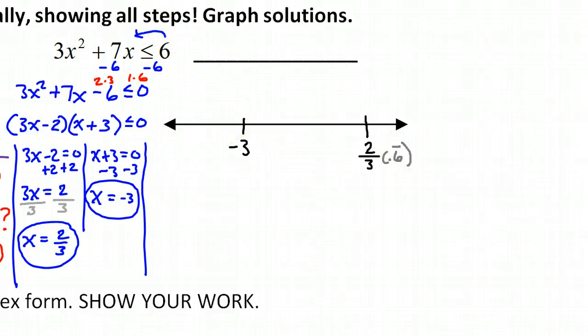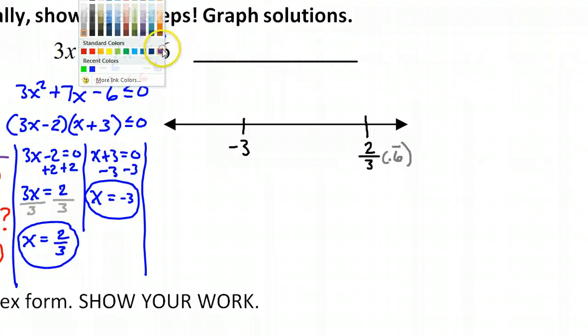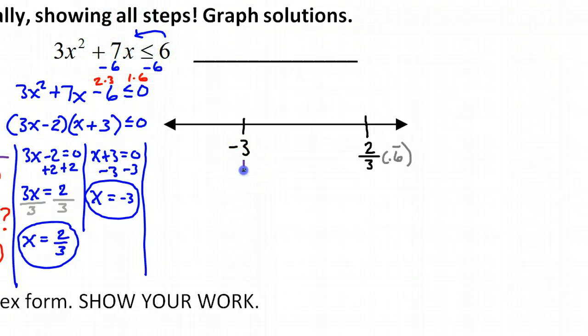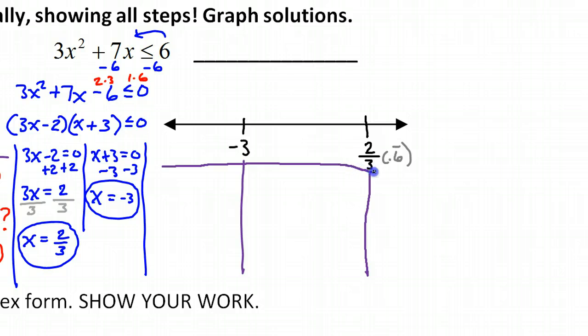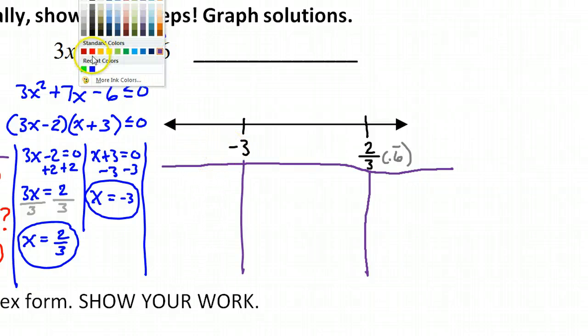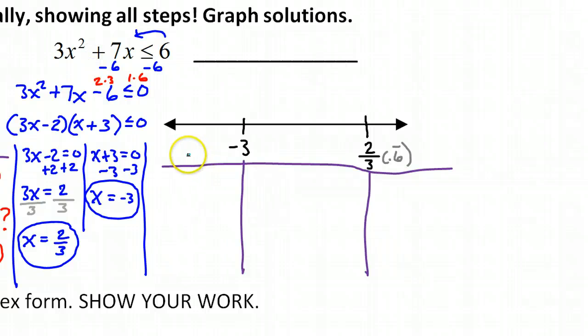So I have these 3 zones. In this first zone, to the left of negative 3, I will use a test value of negative 4. In this middle zone, I will use 0, because 0 is between negative 3 and 2/3.